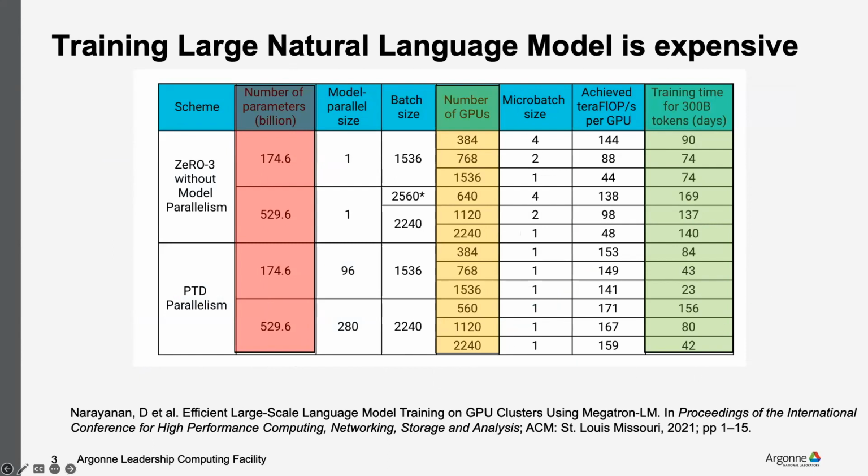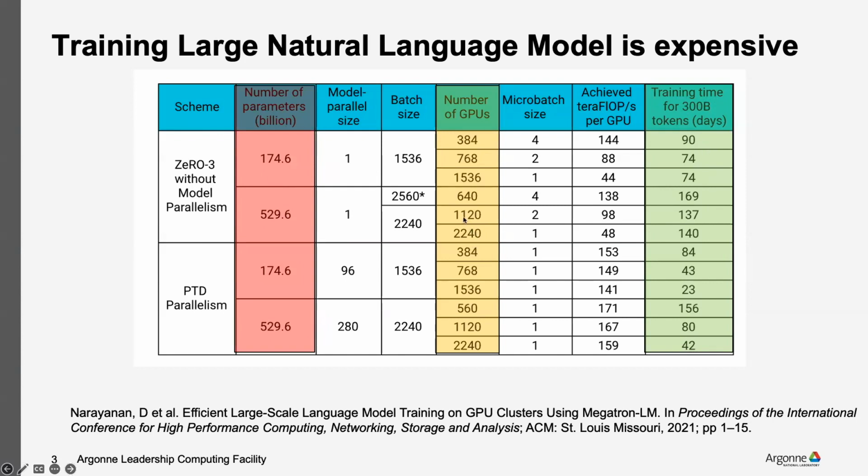In terms of training time, for example, I took a table from this paper and highlighted 3 columns. The first column is the number of parameters. Here the model is 500 billion parameters, and this column is the number of GPUs used to train this model, and this one is the training time, and the unit is days.